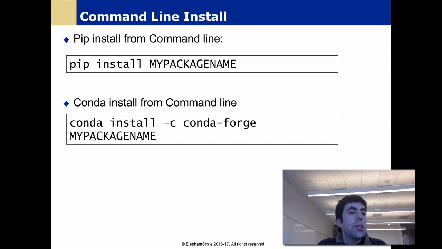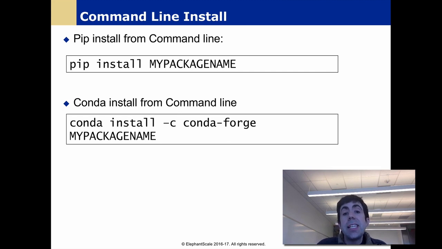So how do we install the packages? We normally do this from the command line. For pip, we're going to type in from a command line pip install and then the name of the package you want to install. Now for Windows users, you're going to do that from the Anaconda command prompt, which you can find in the start menu. For Anaconda, we're going to do that from the command line: conda install and then the name of the package.